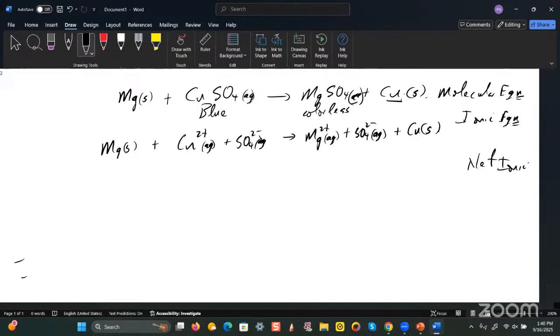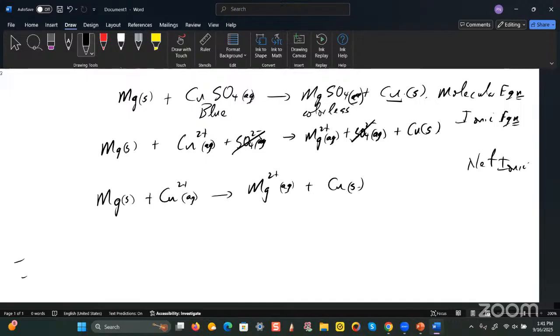SO4. Exactly. The sulfate ions will remain unchanged. So therefore, the real reaction would be Mg solid plus Cu2+ aqueous to give Mg2+ aqueous plus Cu solid, right? So this would be the net ionic equation.